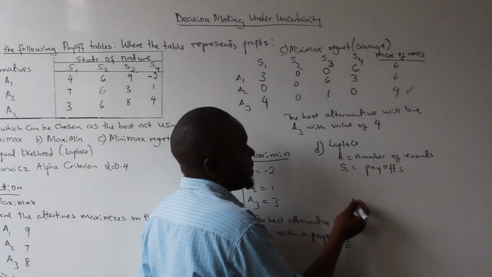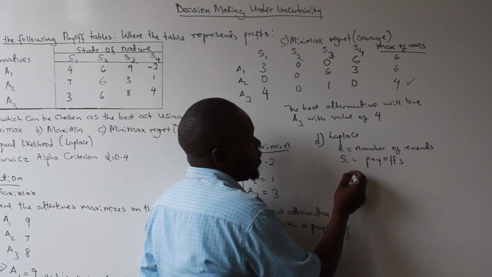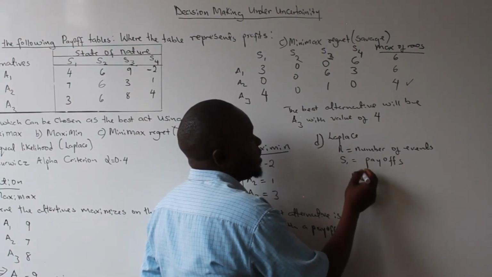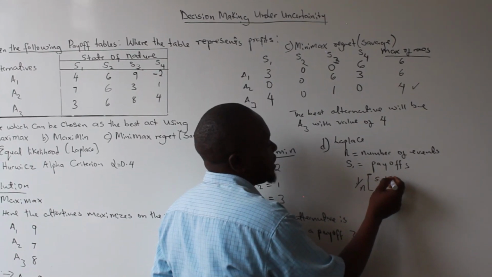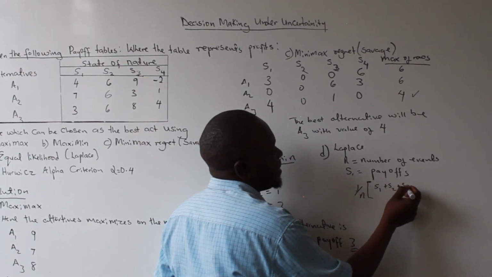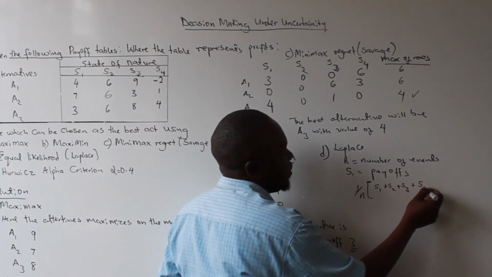So our formula for Laplace will be 1 over n into the brackets, S1 plus S2 plus S3 plus S4.